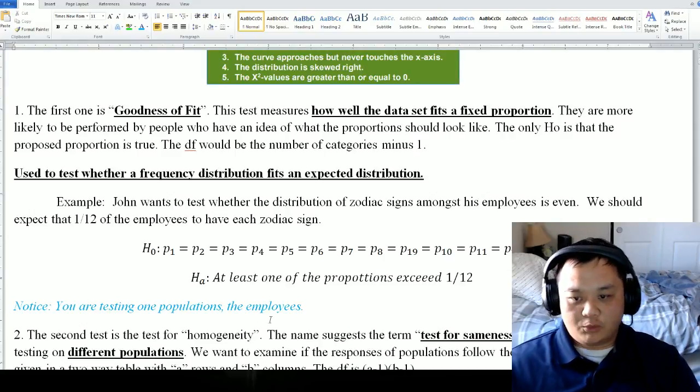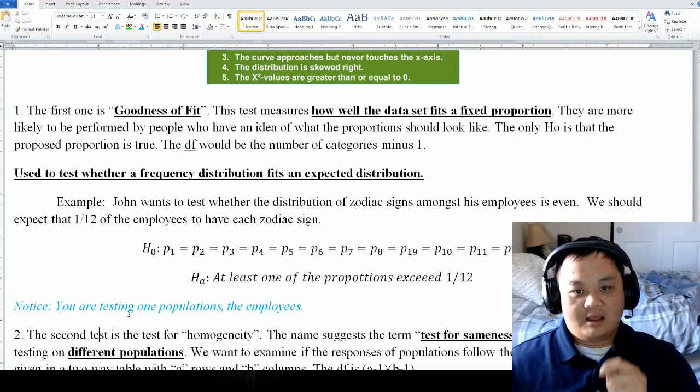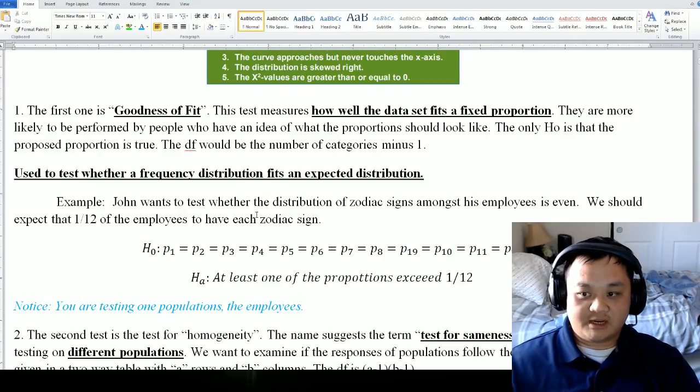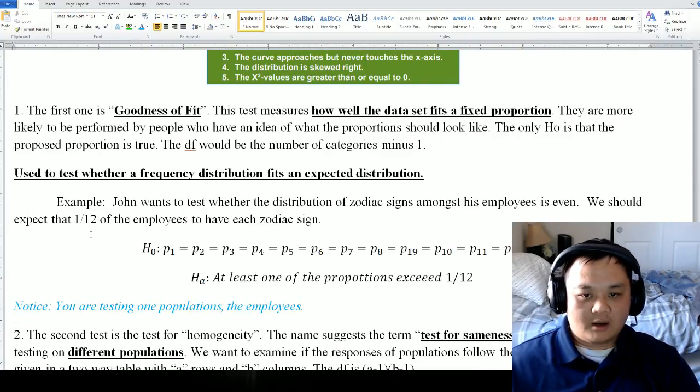The first thing you want to notice is what I underline here. You are testing one population only. In this example, John wants to test whether the distribution of zodiac signs among his employees is even or not. We should expect an equal share of the employees to have each of the zodiac signs.